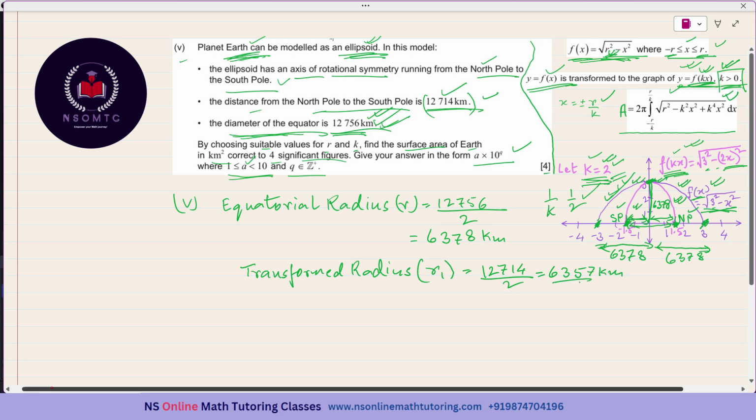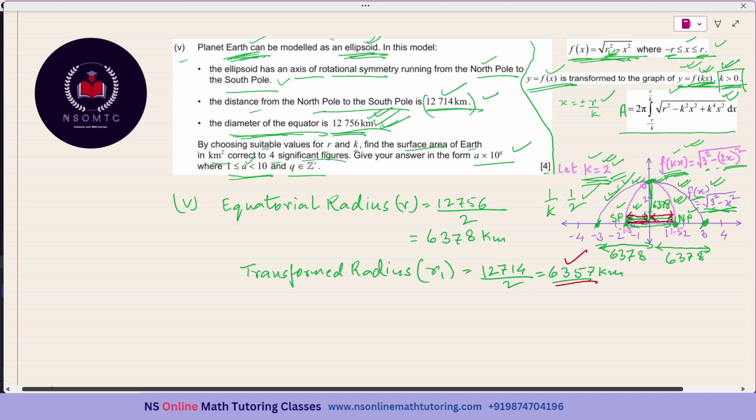Okay, so this part and this part will be equal to 6357 kilometers.